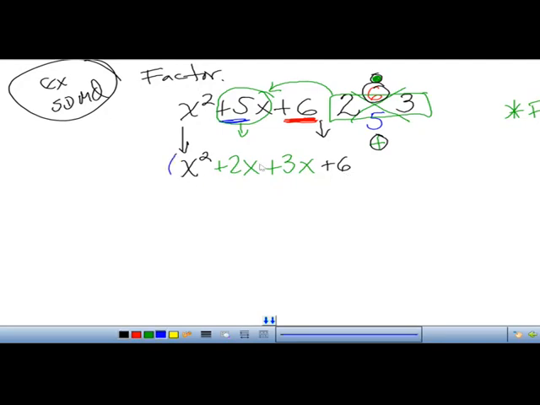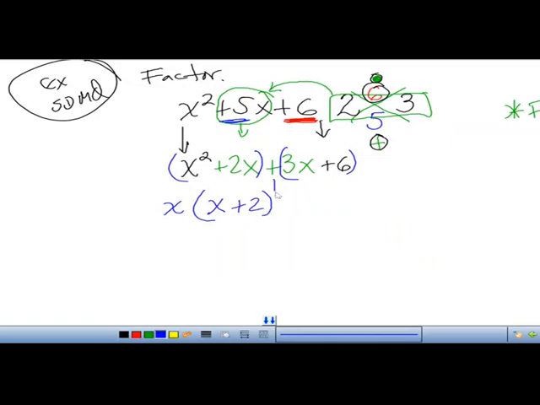Next, this next step is what we know about factor by grouping. We group the first 2 terms and the last 2 terms. And then we ask the question, what is the GCF for the first 2 terms, everyone? Look at it. GCF is? X. Okay, if we factored out the X, what's left over for the first one? X. If we factored the X out, what's left over? 2.